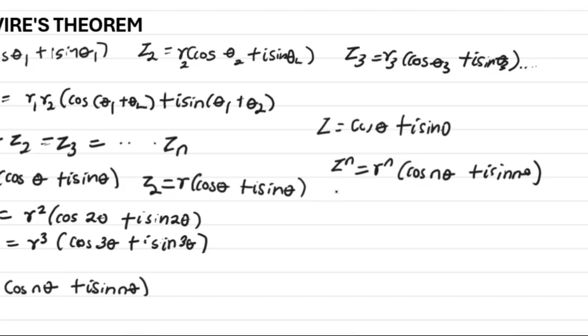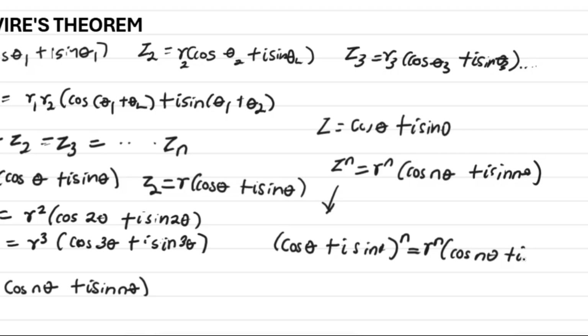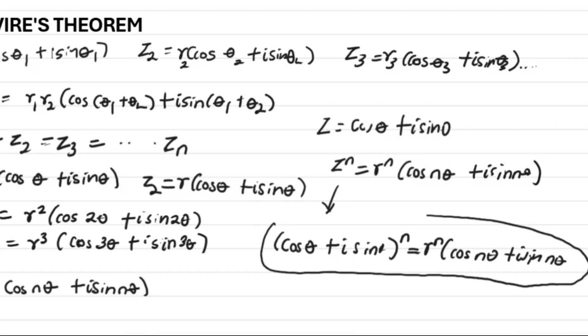It means that (cos theta plus i sine theta) raised to power n is equal to r raised to power n into cos n theta plus i sine n theta. This is what is referred to as De Moivre's theorem.